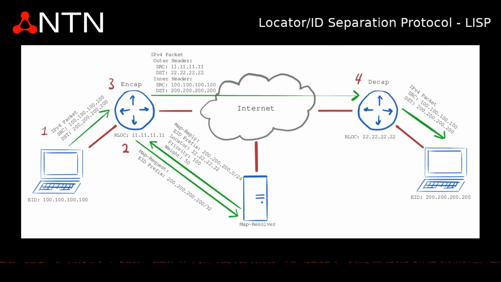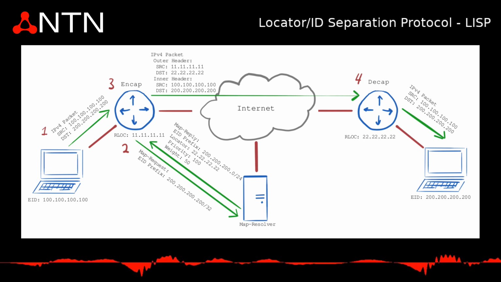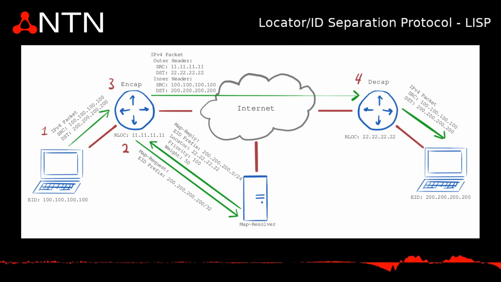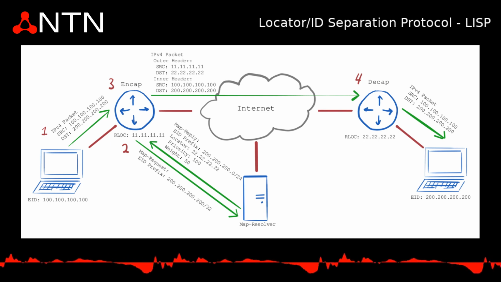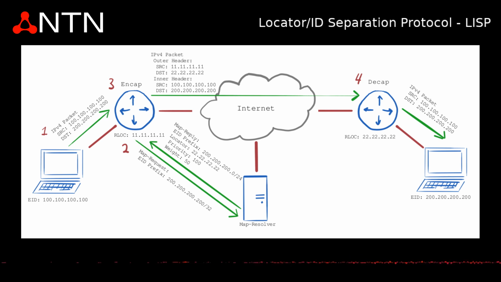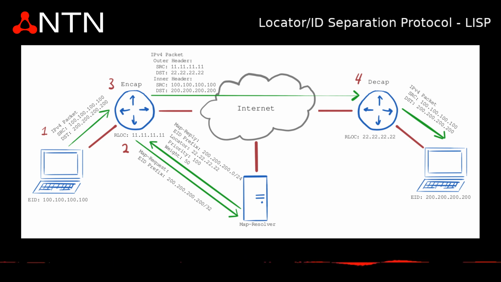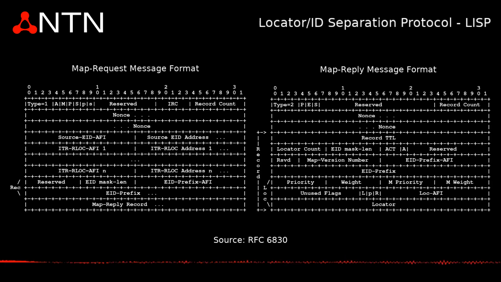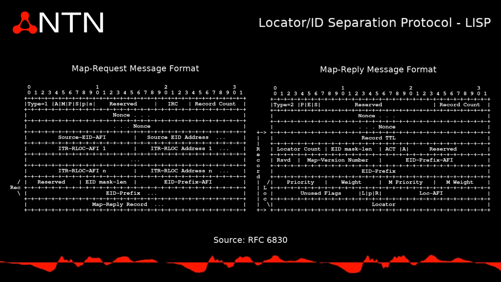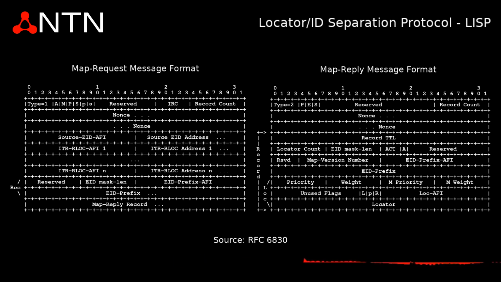In addition to the definitions found in RFC 6830, RFC 6833 defines the map server interface and expands on the message types the interface uses. Map requests and map replies are the two message types directly used to perform EID to RLOC resolution. Map requests are used to request EID to RLOC mappings, and map replies are used to provide mappings.